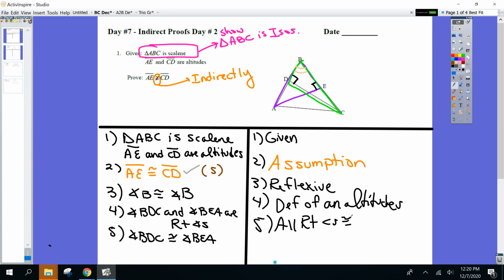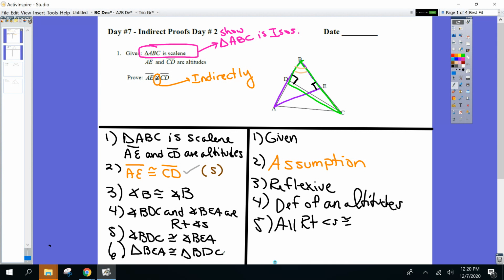There it is. All the sides and angles I need, now to those two overlapping ones. So we have enough info to confidently say triangle BEA is congruent to BDC. I just need somebody to tell me why. What method now?